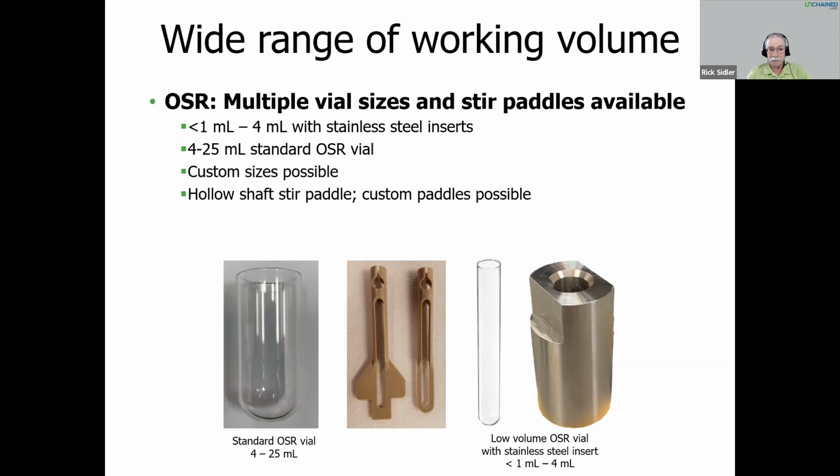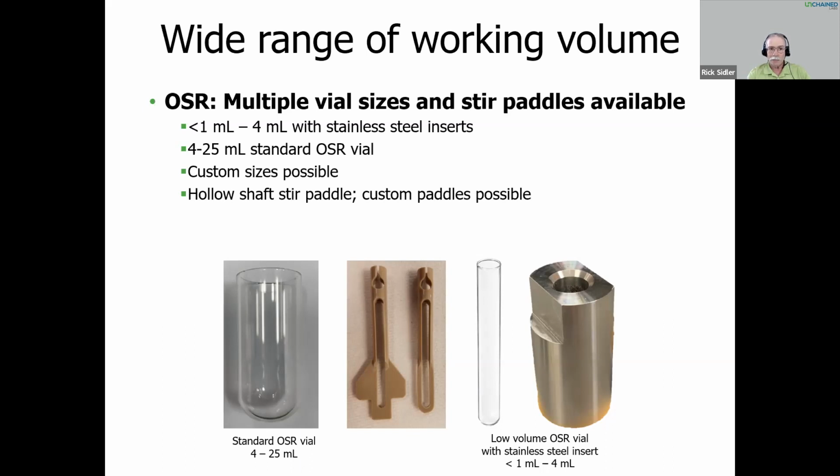We have a stainless steel insert that can fill the bulk of the reactor and can hold in a smaller glass insert tube inside that. That allows us to run reactions from about 0.6 milliliters to 4 milliliters in volume. You'll notice the stir shafts are hollow and they have a cutout center, and that's what allows us to take a sampling needle down into the reactor vessels to add materials or to remove samples during the course of the reaction.